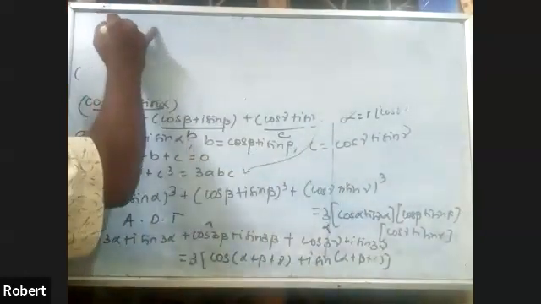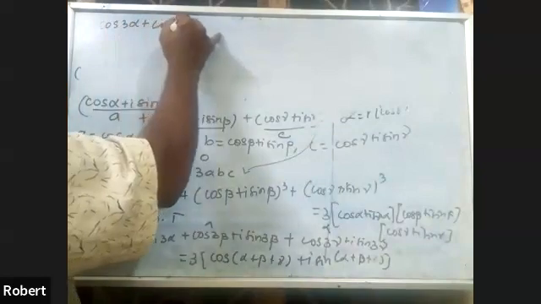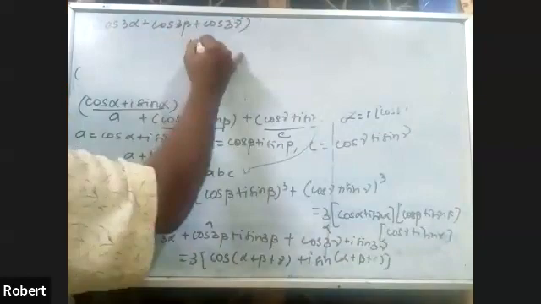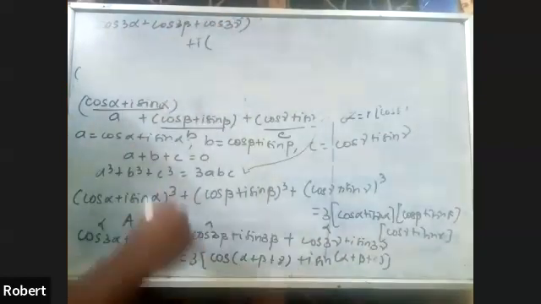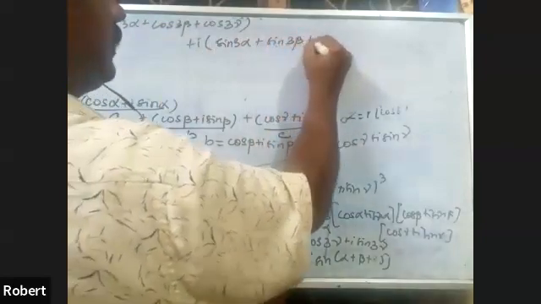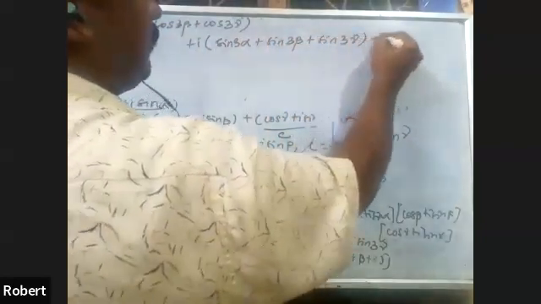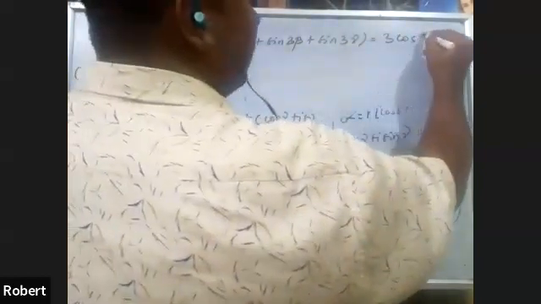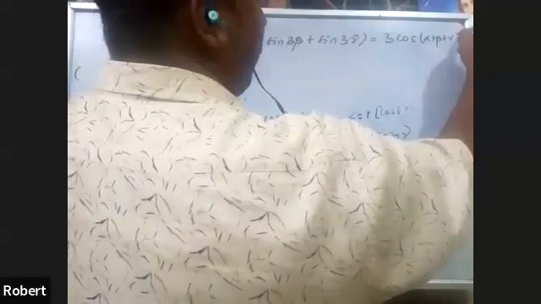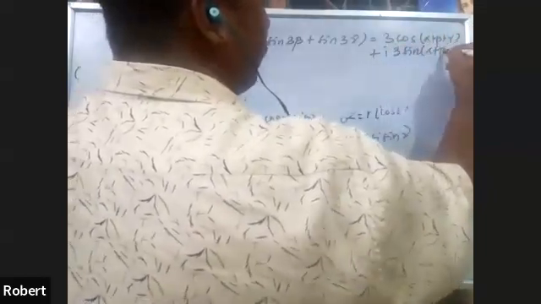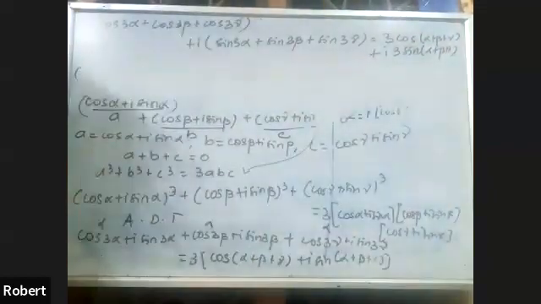Now I can write this as cos 3 alpha plus cos 3 beta plus cos 3 gamma plus I into what all the imaginary parts, sin 3 alpha plus sin 3 beta plus sin 3 gamma, which is equal to, multiplying by 3, 3 cos alpha plus beta plus gamma plus I 3 sin alpha plus beta plus gamma. So the beginning போயிட்டோம், equating the real and imaginary part.